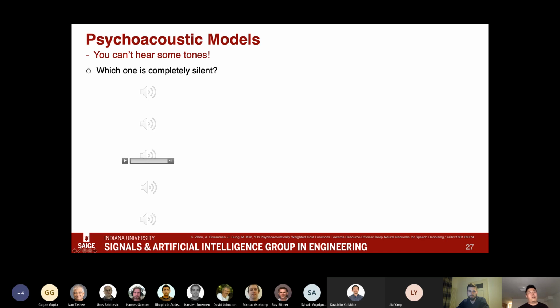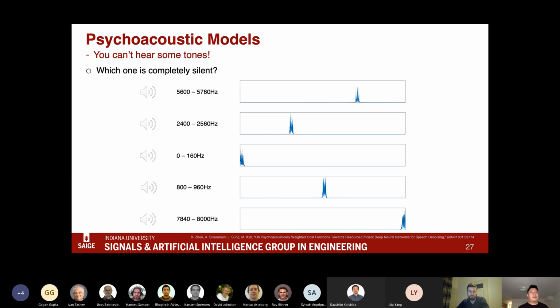So this one is inaudible. I guess this one is still audible though. Given a certain frequency, the loudness of the sound will determine if the sound itself can be audible or not.